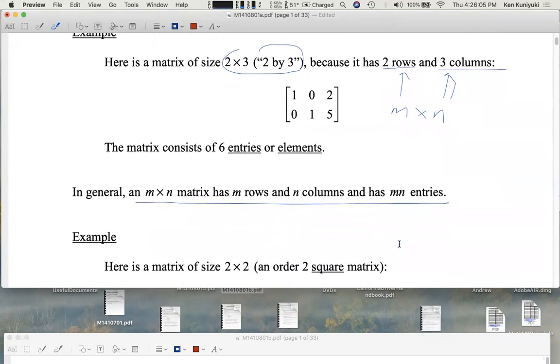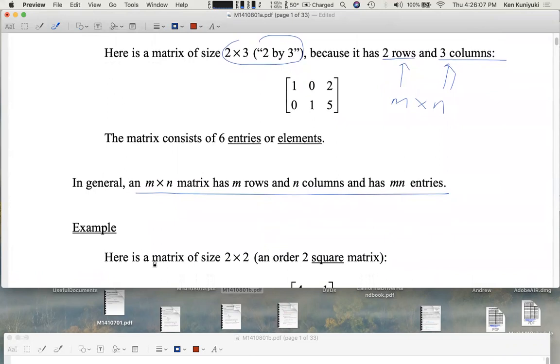So as another example, some of our favorite matrices are square matrices. A square matrix is basically an n by n matrix, where m equals n, where the number of rows equals the number of columns.